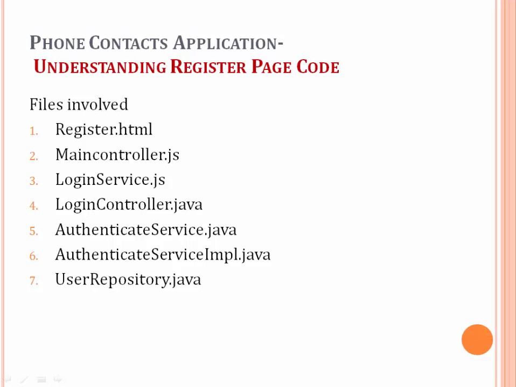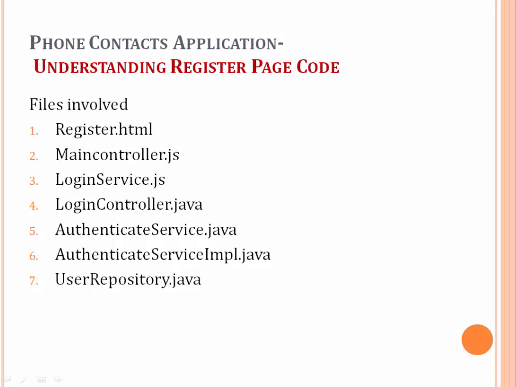The registration.html file, which is our main UI, main controller.js, which is our ng controller on the registration page, login service.js calls the server with the data we have from the register page. So these 3 files are on the UI side.